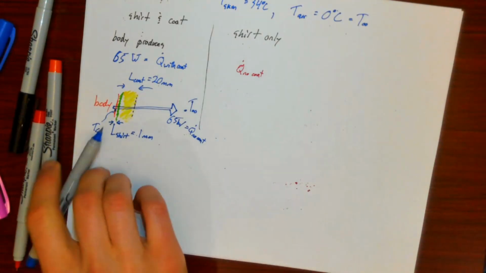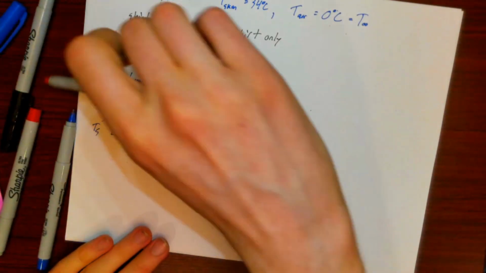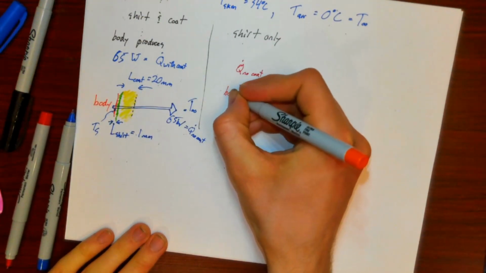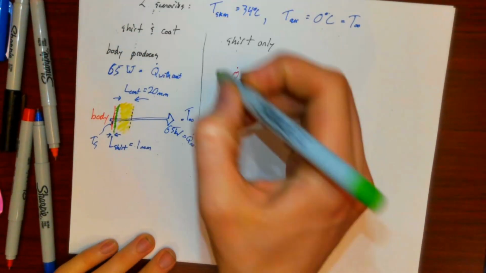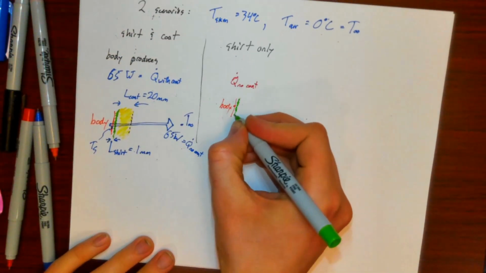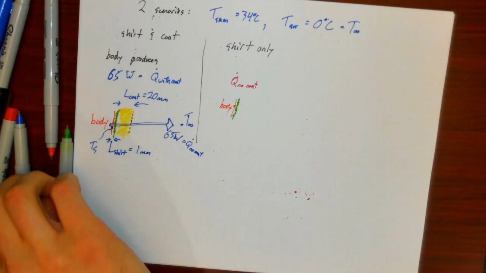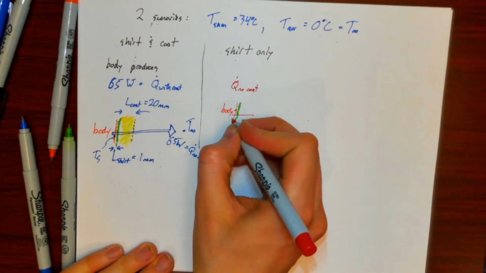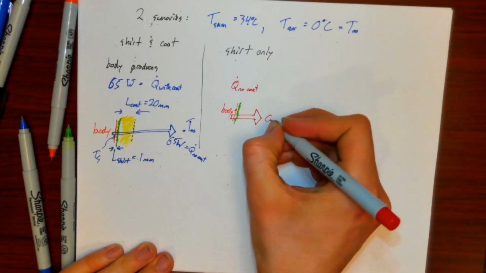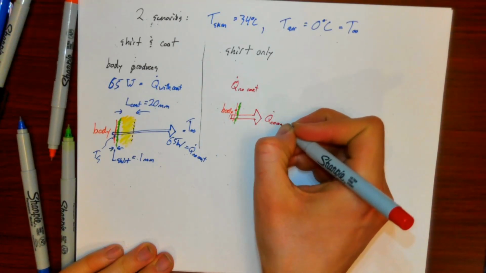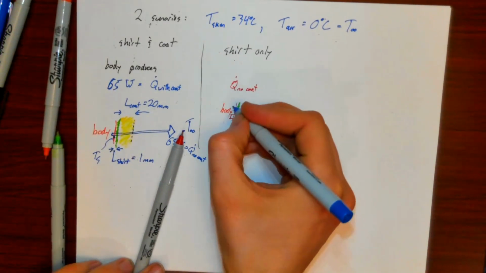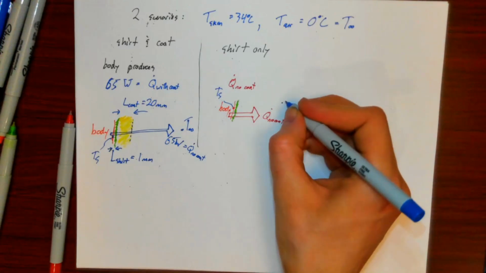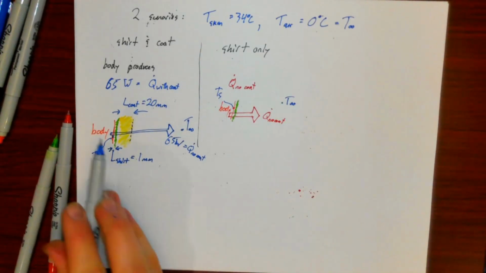If I have no coat, I just have my body temperature right here, and this measly 1 millimeter shirt. Under this scenario, I have perhaps a lot more heat flowing between my Ts, my skin temperature in the body, all the way to T infinity over here.